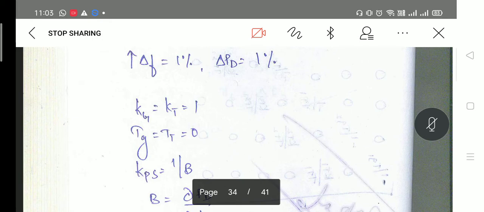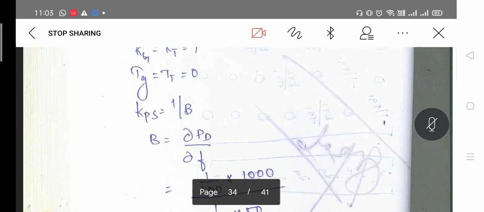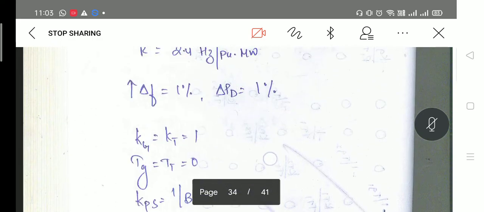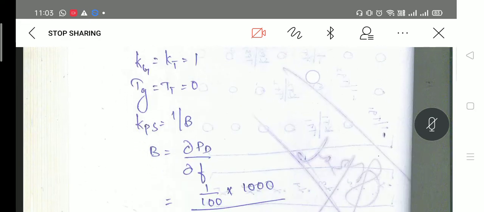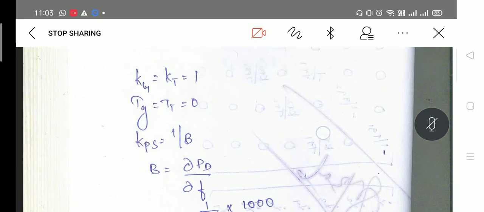Okay, we know the formula for the KPS. 1 by beta is the prime mover speed constant. KPS is equal to 1 by B, and B is equal to dou PD by dou f. So here dou PD by dou f is 1 by 100 into 1000.